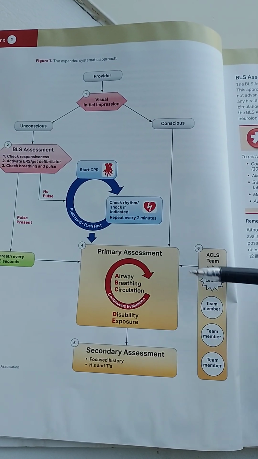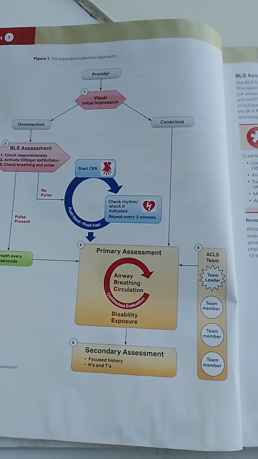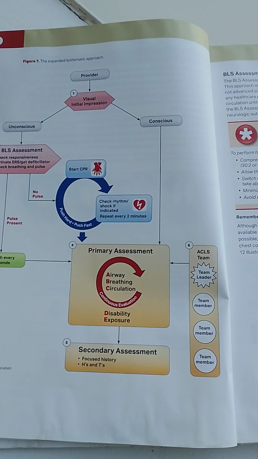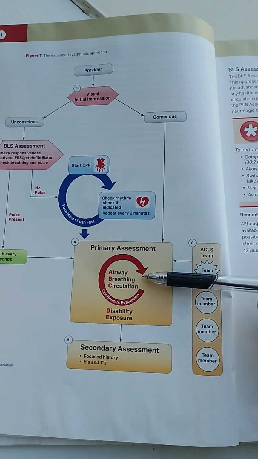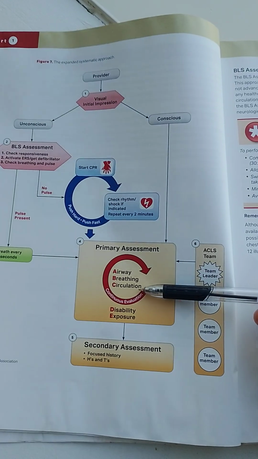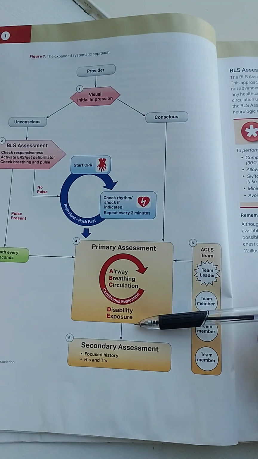If there is anything stuck inside the patient's mouth, we have to check that. And we have to check the breathing, whether the patient is breathing well or not. We have to check the circulation, and also the disability and exposure.